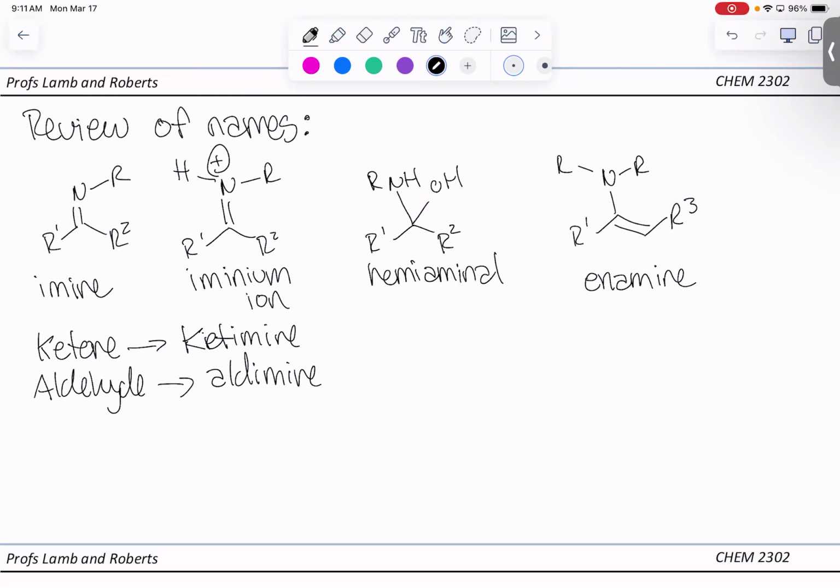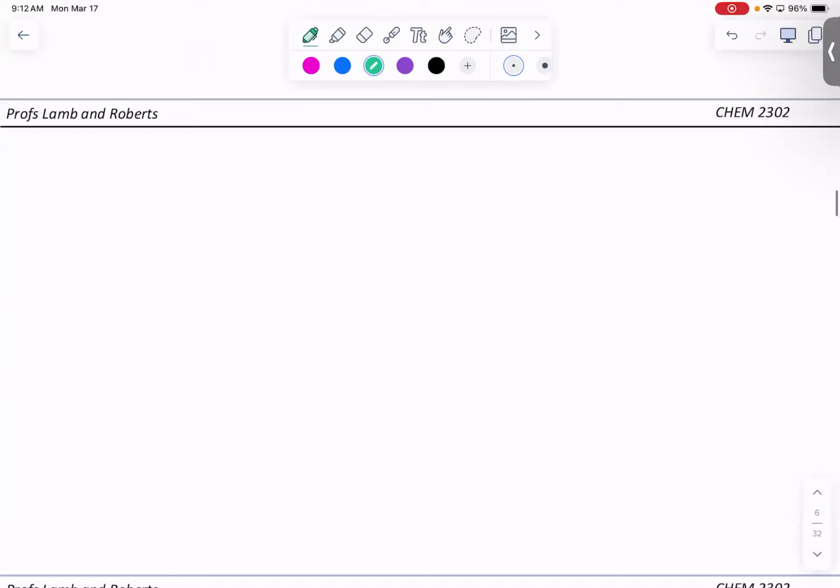So I say "ene-amine": there's an alkene and an amine. We're going to talk about these during mechanisms. I always like to have people on the same page so that when I say terms, it's not super confusing. So today we're going to learn how to make imines and enamines, but we're going to see these other 2 compounds as intermediates. All right, let's jump into our learning objectives.